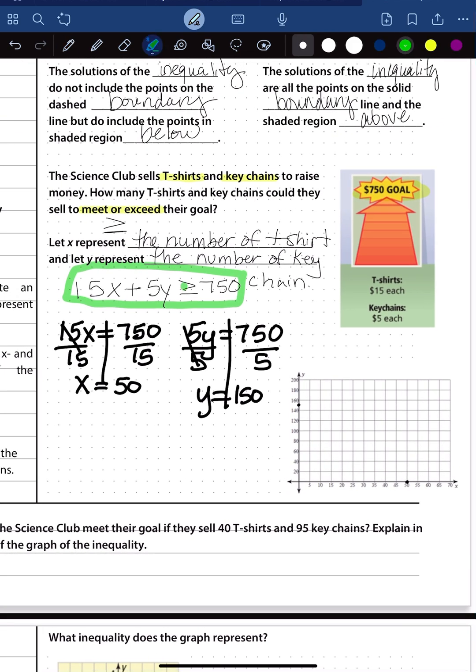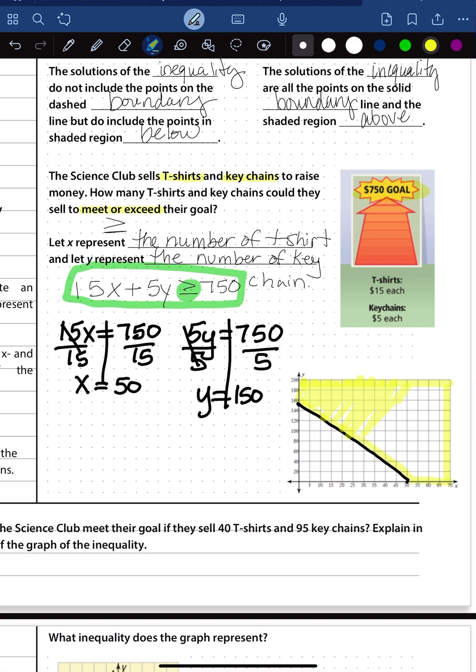Because this symbol is greater than or equal to, we know that it will be a solid line. And since it's greater than or equal to, we know that it could be any region above this solid line.